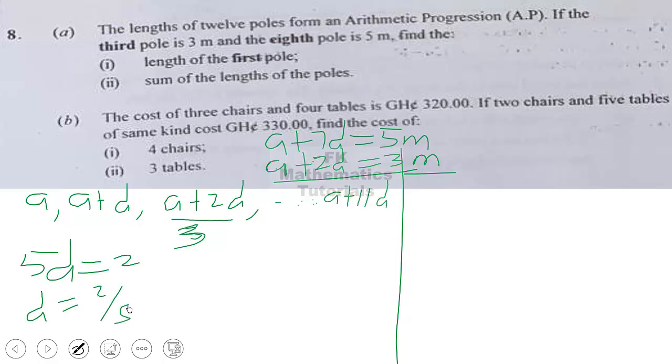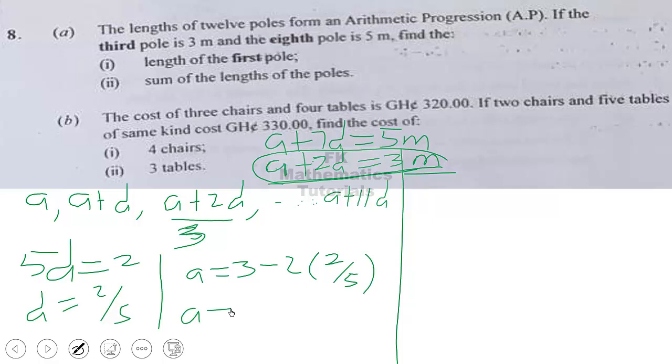Now, if we put D equal to 2 over 5 in any of the equations, we can find A. From this equation, A will be equal to 3 minus 2D, but D is 2 over 5.